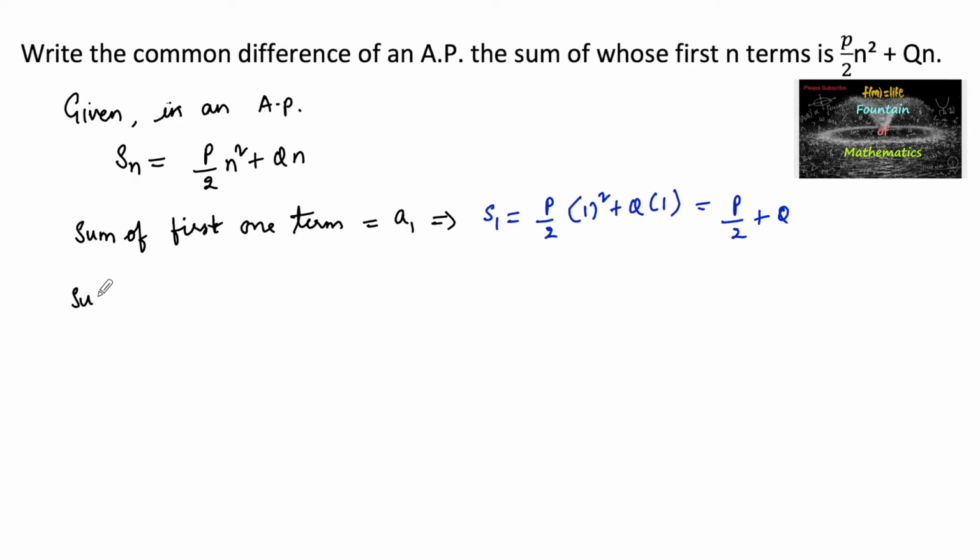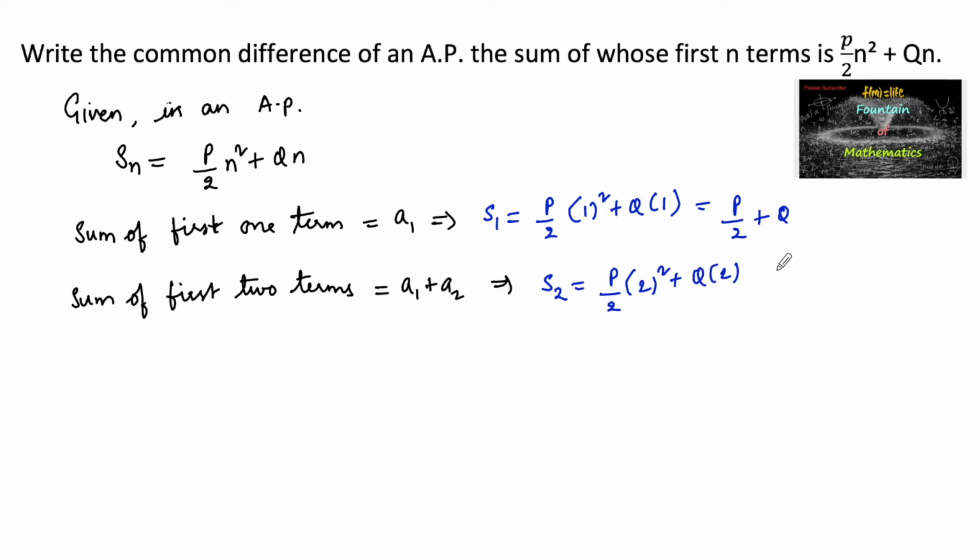And then the sum of the first two terms, which can be taken as a1 plus a2. So here we shall consider n is equal to 2. S2 is equal to p by 2 times 2 square plus q times 2, which is p by 2 into 4 plus 2q, that is S2 is equal to 2p plus 2q.